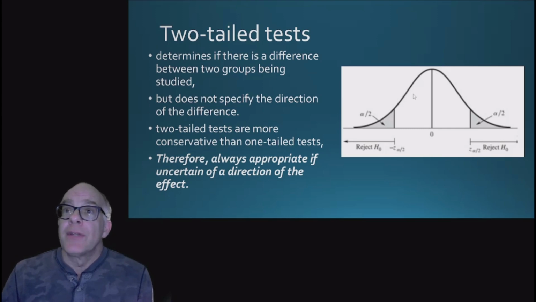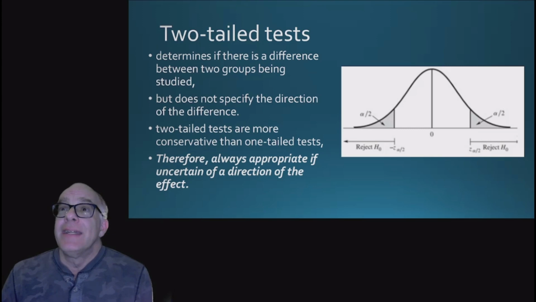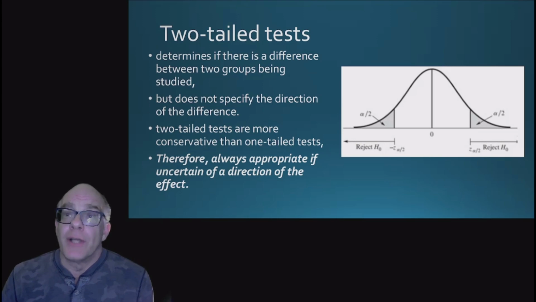With a two-tailed test, we are looking at whether or not there is going to be a difference between the two groups of data that we're studying, but we're not saying that there's going to be a direction to that difference. And so we're looking at saying, is there a difference either at that overestimated, high end of the range, or is there a difference at that underestimated low end of the range? So we're not looking at whether or not this effect is going to be causing an increase or a decrease. We're looking at whether or not there is going to be a difference.